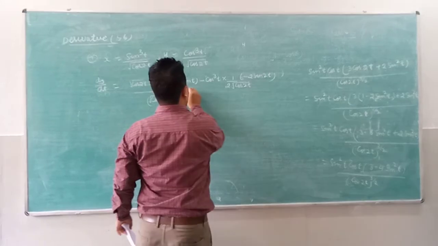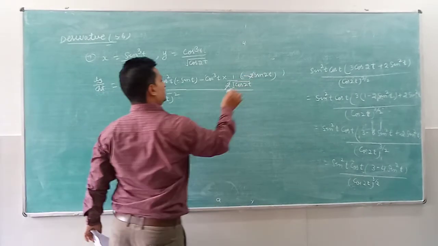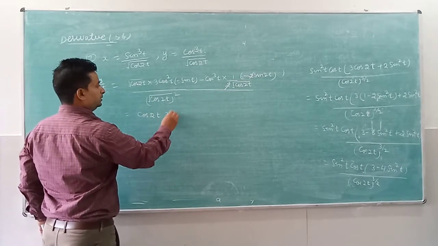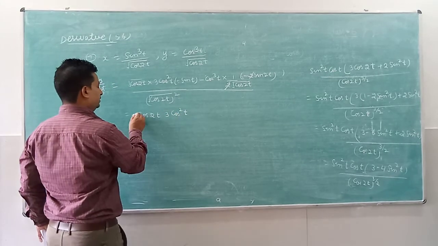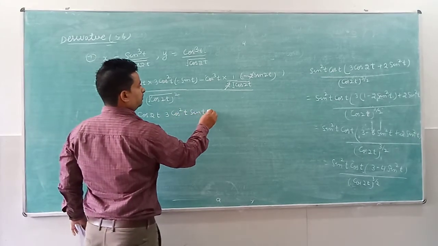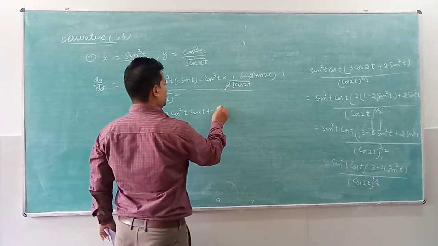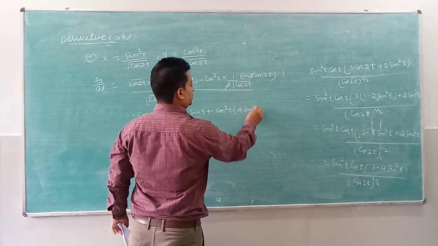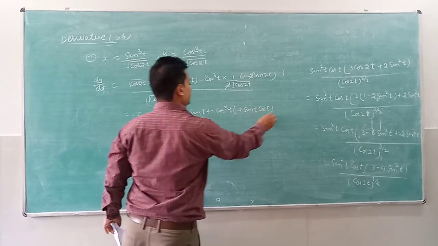This is the derivative of this. This cancels out. When we take the LCM, this is cos 2t, minus 3 cos²t sin t, plus this is cos³t, and the formula of sin 2t is 2 sin t cos t.